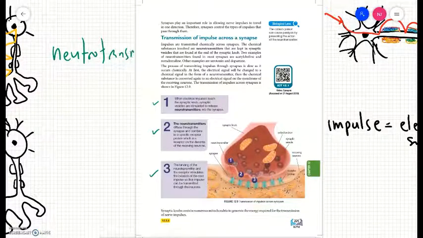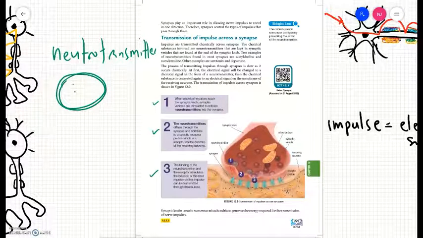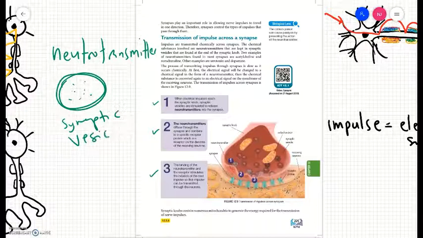Neurotransmitter can be found in synaptic vesicles. Okay, vesicles ni kantong. Synaptic vesicles are at the end of the synaptic knob. Neurotransmitter ni adalah general name.